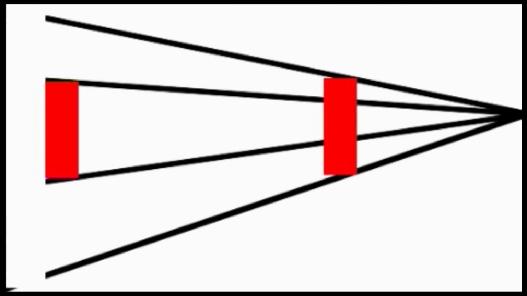Although we have just seen that these two bars are of the same size, if you replay it, this is what you saw, both bars are of the same size, but the moment you add the perspective here, you realize that they do not look the same.